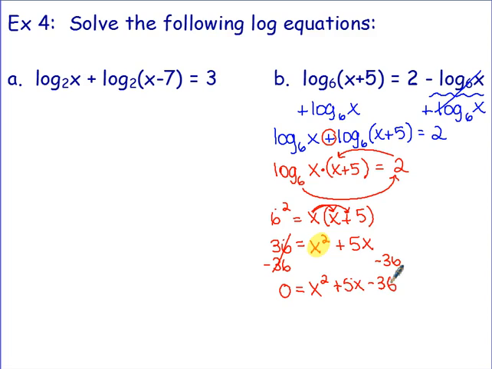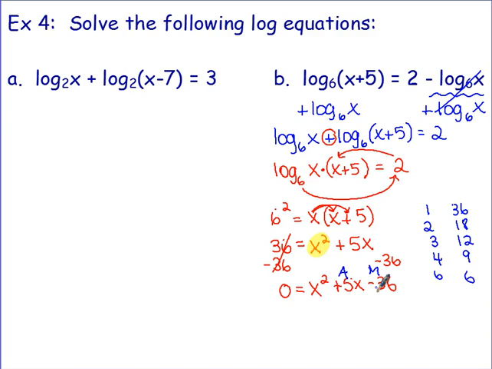So you're thinking, okay, I have to find two numbers that add to give me 5 and multiply to give me negative 36. Well, I have 1 and 36. I have 2 and 18. If I divide by 3, I have 12. If I divide by 4, I have 9. Can't divide by 5. If I divide by 6, I get 6.